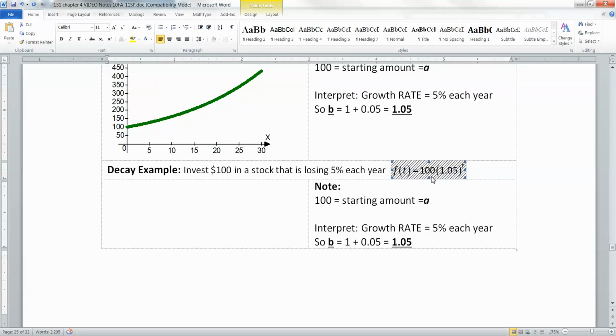So 0.05 is no good because you're decaying by 5%. So you want to take 1 and take away 0.05, which gets you 0.95, right? So you decay 5% each year, which means you have 95% left. If you lost 5%, you still have 95% sitting there, right?